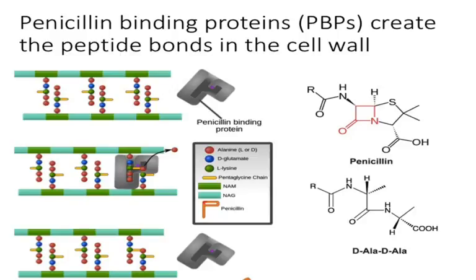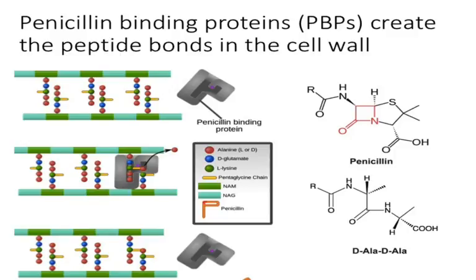You've got the polysaccharide, which strengthens it in the lateral direction, and then in the top to bottom direction, you've got these peptide bonds, which help to hold it together as well. So essentially, penicillin binding proteins are helping to create this lattice or matrix-like structure that is the peptidoglycan.